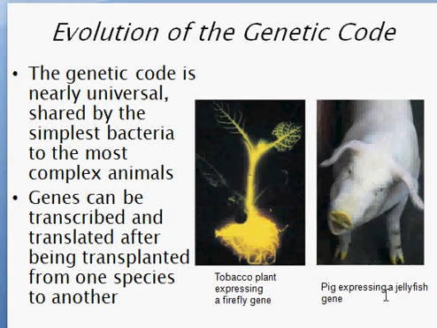So that is just again showing the universality of this genetic code, where you can code for the right protein, in this case a glowing protein, take it out of a jellyfish and put it into a pig and still get that same protein created. So we have the same translation ability between organisms.